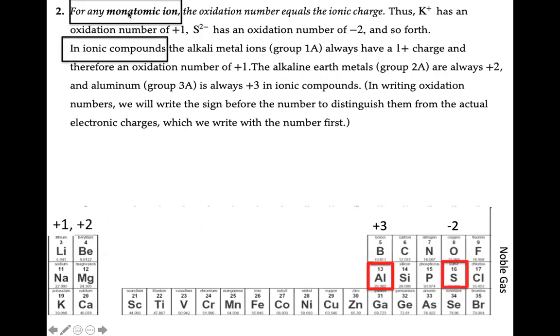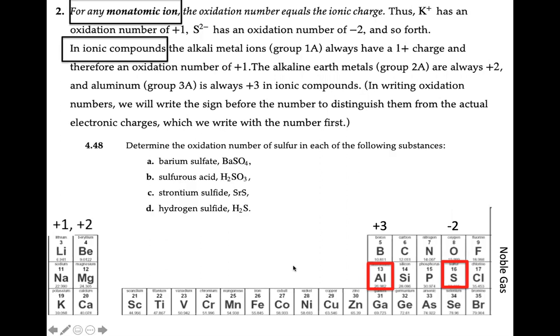We've already been looking at the periodic table and seen the columns that different elements are in and assigning them a charge. Our alkalis were +1, alkaline earth +2, aluminum +3, sulfur -2. When we assign those for the atoms themselves, those are their oxidation numbers. So that's pretty easy to do as well.